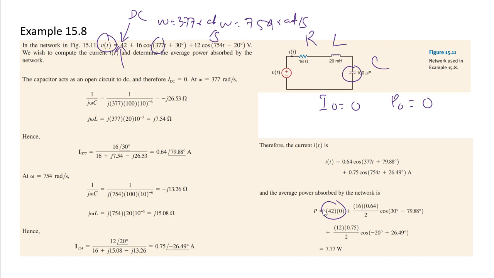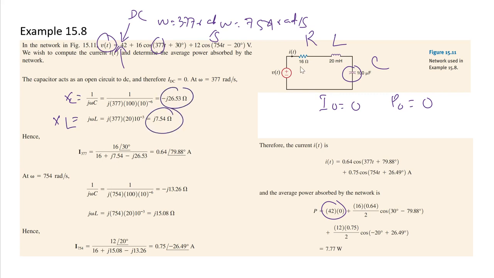After that, we will calculate the current for a frequency of 377. So for 377, we first calculate the XC and XL. So XC and XL turn out to be these things.